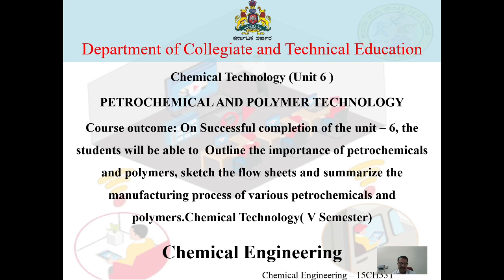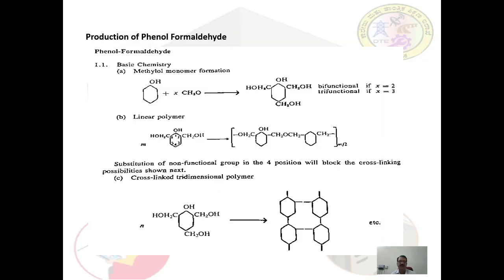The chemistry of phenol formaldehyde is that the reactions taking place are like this. Methylol monomer is formed by reacting phenol with formaldehyde.